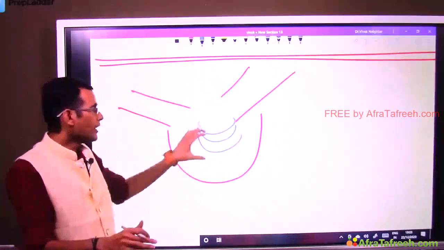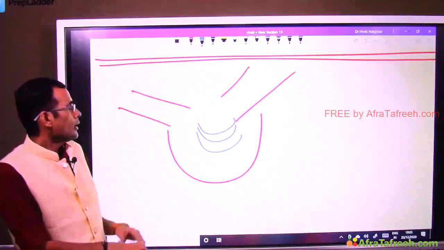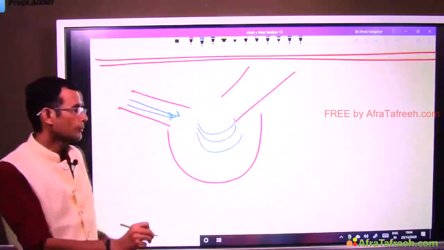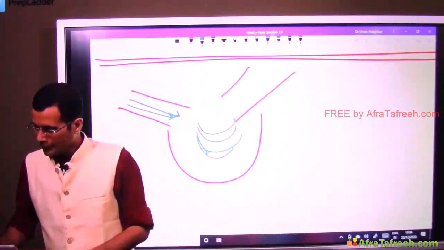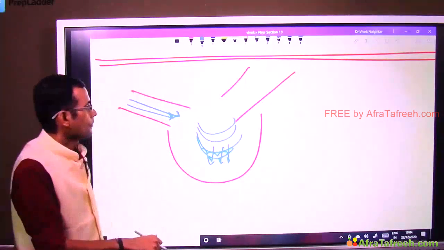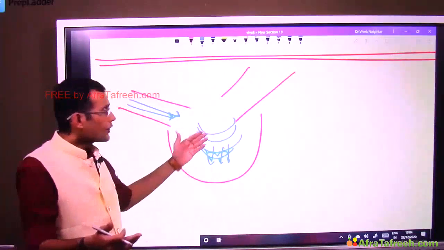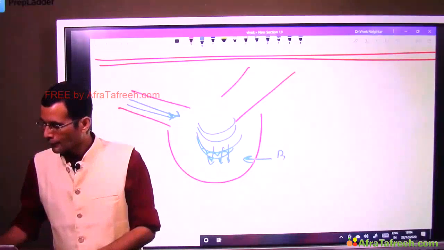Glomerulus is a tuft of capillaries. Fine. The blood comes into the glomerulus via the afferent arteriole, and then the glomerular capillaries will filter the substances. But some of the substances cannot be filtered out from these capillaries into the Bowman's capsule.